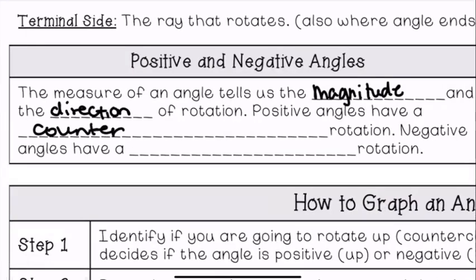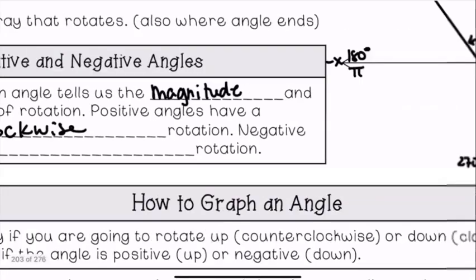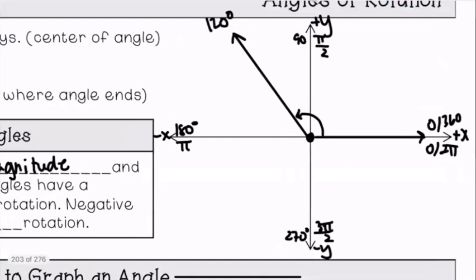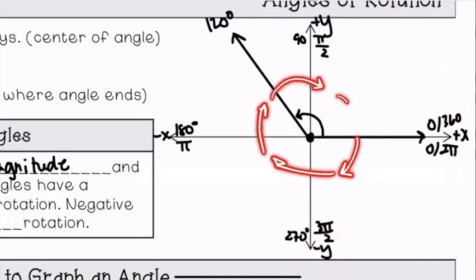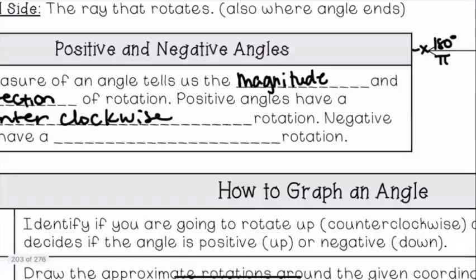Fun fact that you didn't ask for, if you are somewhere like the UK, they actually call it anti-clockwise, which is the same thing. You're welcome to use that if you prefer. Negative angles have a clockwise rotation. If I go in the negative direction, remember negative is down, I would be going this way, which is the direction of a clock. So negative is clockwise.